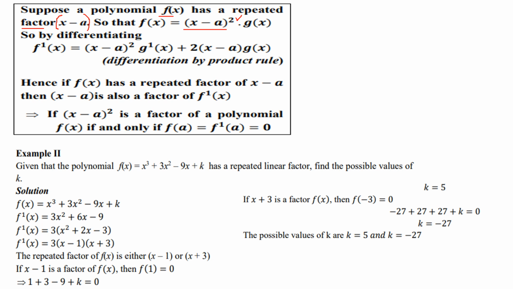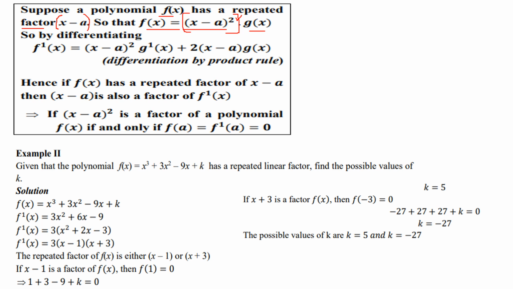So by differentiating, remember that our polynomial is going to be this, so we need to get its derivative. By differentiating, remember that this is product rule. You leave the bracket which is squared constant, and then you differentiate the polynomial g(x).